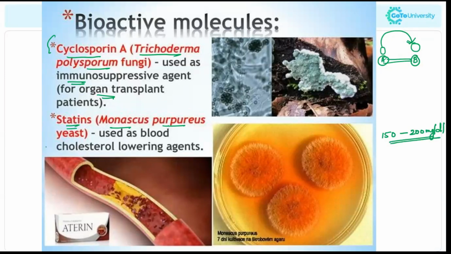The drug we take for this condition is statins, and we can extract statins from the Monascus purpureus yeast. Here you have the diagram of Monascus purpureus yeast.